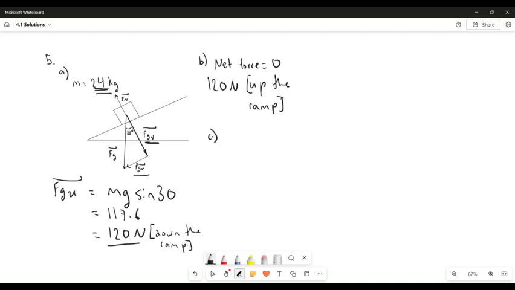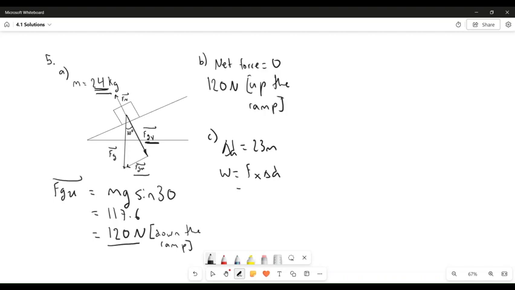Now question C. So in question C over here, we get a displacement of 23 meters, and it's asking us to find the work. So we know the formula for work is F, the force, into the displacement.